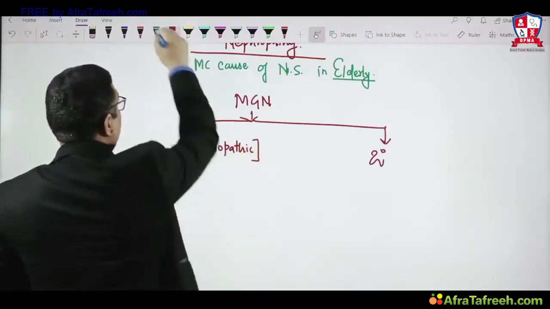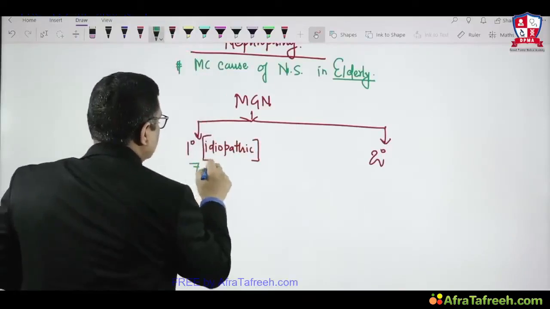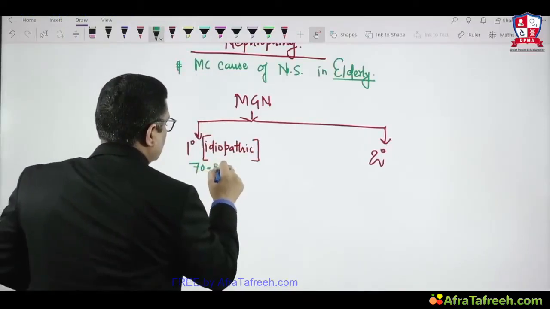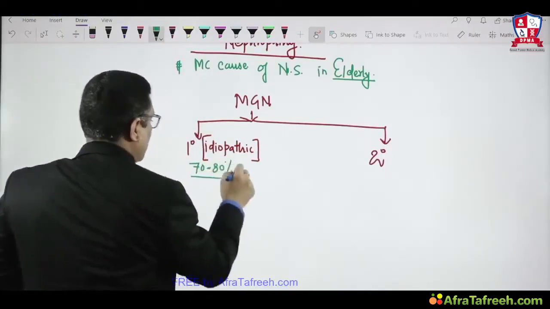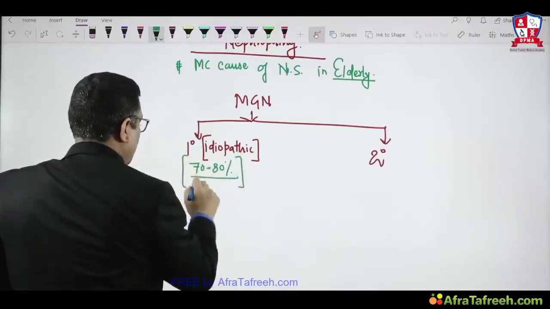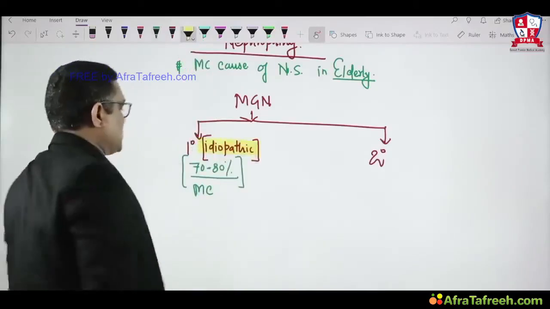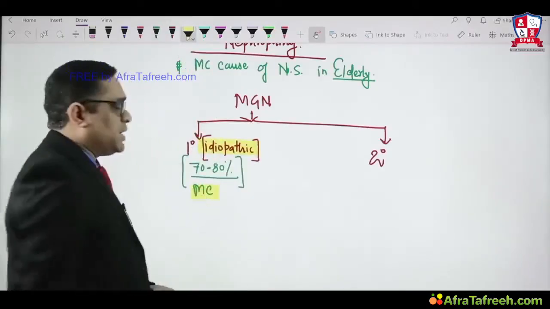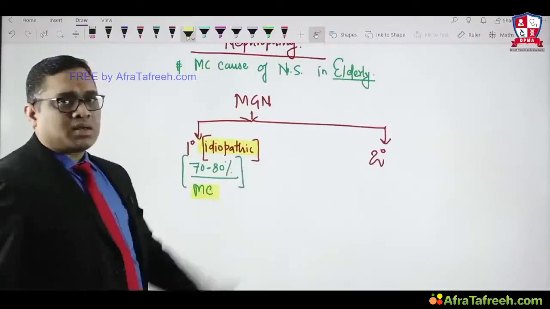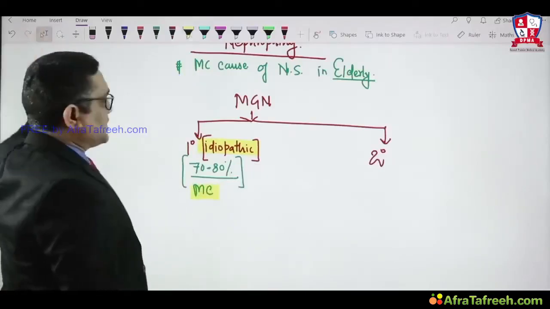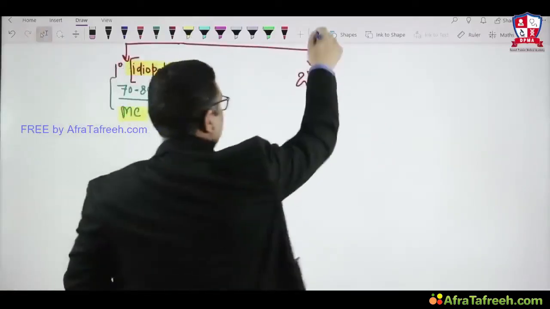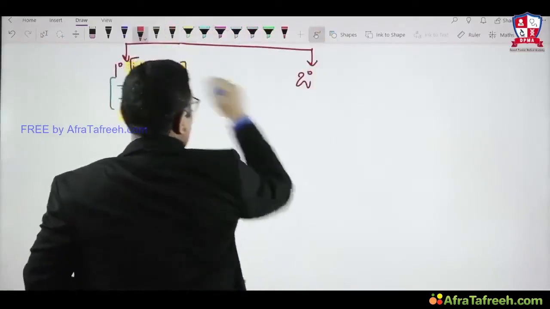Remember, 70 to 80% of cases are primary, which means the majority of cases. So membranous is most commonly idiopathic and very rarely secondary, right? Secondary is less common.